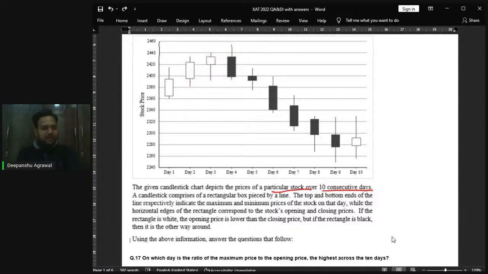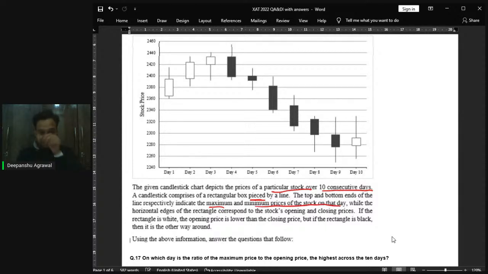The candlestick comprises a rectangular box pierced by a line. It should be pierced, but I think there's some typing error in this. So this is pierced by a line. The top and bottom of the line represent the maximum and minimum prices of the stock on that day.